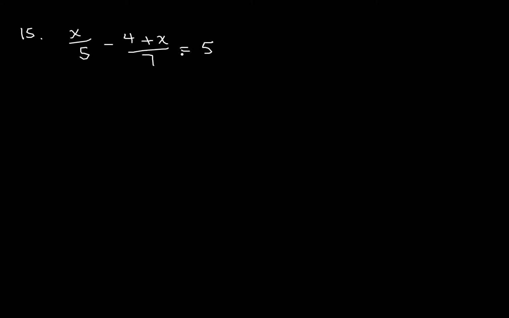Okay, this one is fractions, so we want to multiply everything by 35. Let me just do it the Algebra 1 way. Okay, multiply this by 35. And see, here you need parentheses. If you forget your parentheses, you're going to get the wrong answer because it's a binomial, times 35. So you're going to get 5 goes into 35 7 times, so you get 7x, minus 5 goes into 35 5 times.